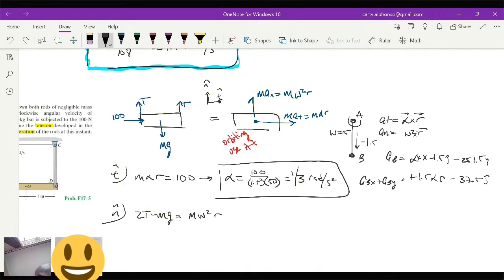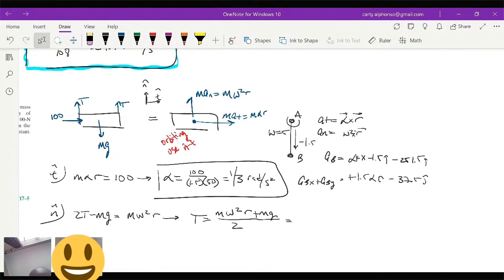We can solve for t. T equals mass w squared r divided by 2, minus mg on top, or plus mg, excuse me. Boom. So it'll be that over 2, which is going to give me 50.